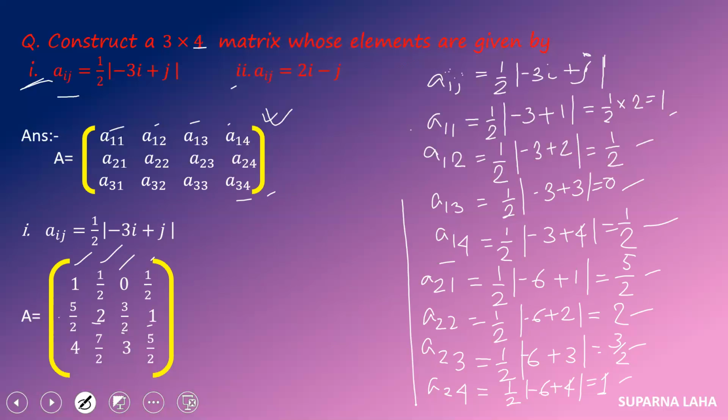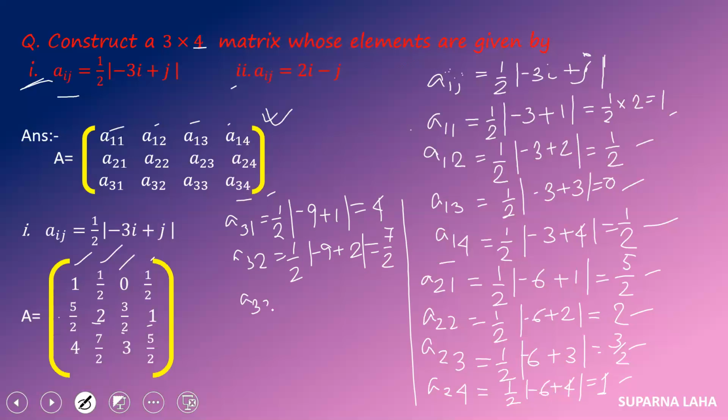Now check the third row, that is A31. Half of mod of minus 9 plus 1, 8 by 2 is 4. A32: half of mod of minus 9 plus 2, that means 7 by 2.